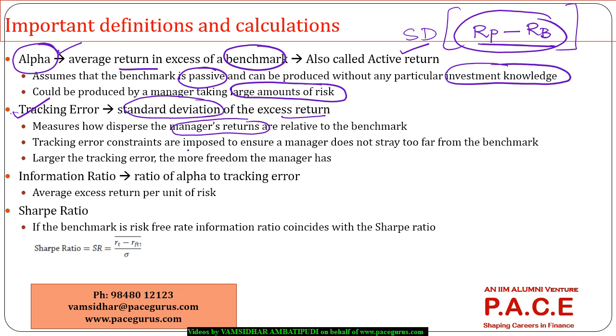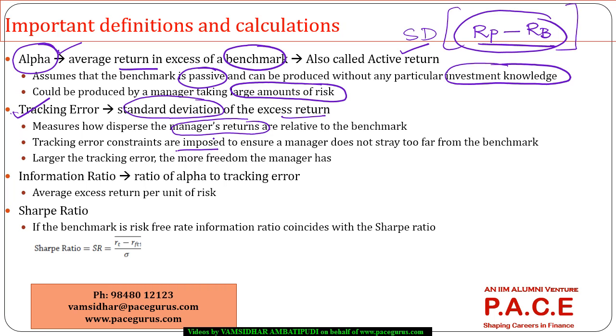In many cases there are some kinds of constraints that are imposed on the portfolio manager. The tracking error related constraint: your tracking error should not cross this particular number. So in the process of setting targets for the portfolio managers, tracking error related constraints are being set, so that it ensures that the portfolio manager is not going too much away from the benchmark that has been set for him.